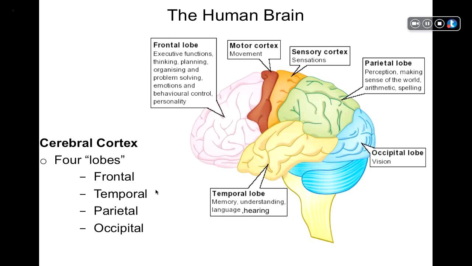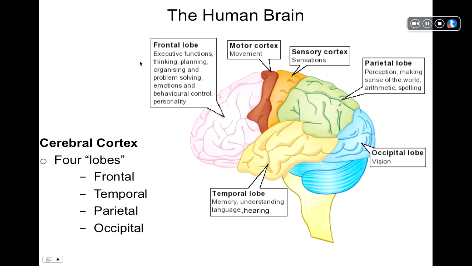The convoluted surface of the brain, that is that part of the brain that most of us are most familiar with, is the cerebral cortex. The cerebral cortex has what are called 4 lobes. And each of those lobes is responsible primarily for various functions. So we're going to talk about the frontal, temporal, parietal, and occipital. In this image, let's start with the frontal.